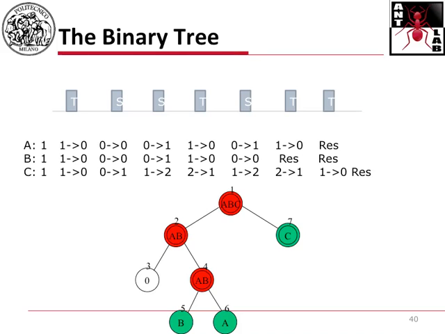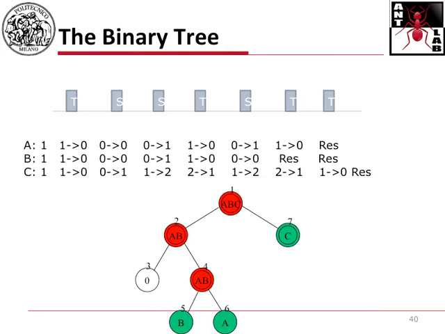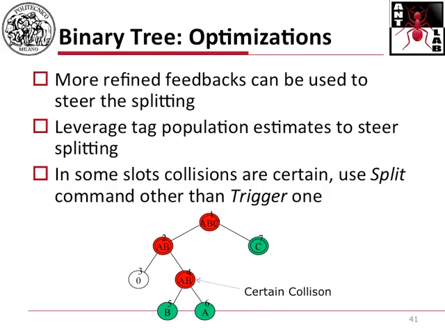Okay, so as I was saying, this is one of the most common implementations of the binary tree available in RFID systems. In real systems, this same implementation is somehow optimized to account for some specific situations.